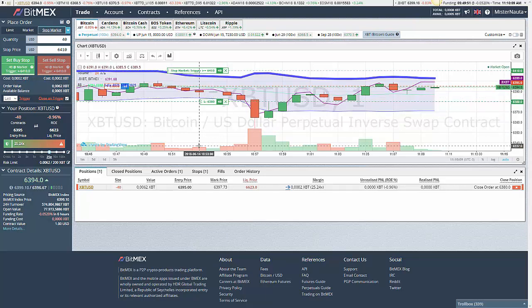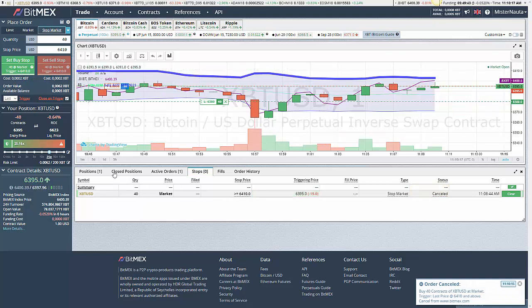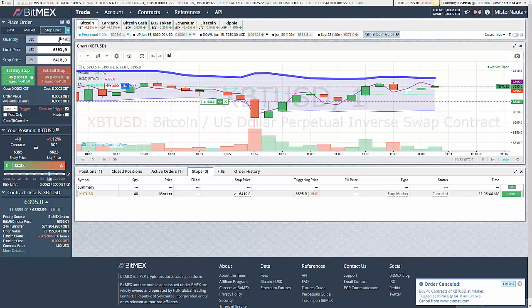I will cancel this stop. It's a market stop, right? And I try to put a stop limit. Okay. So I came here on this arrow and I choose the stop limit. I was trying to put on 6410, right? But I need to put a limit, okay? And the limit will be below the stop.